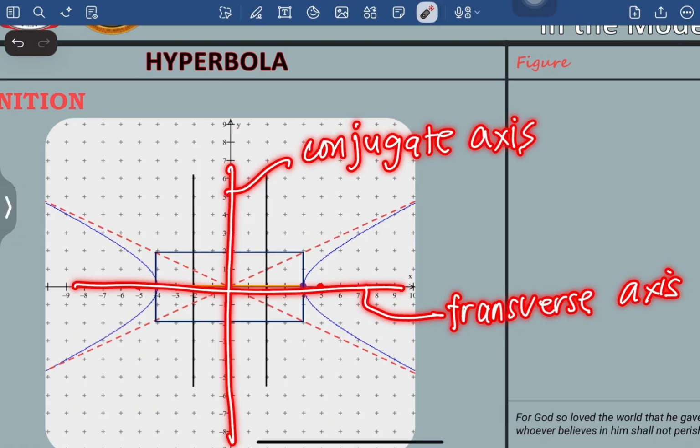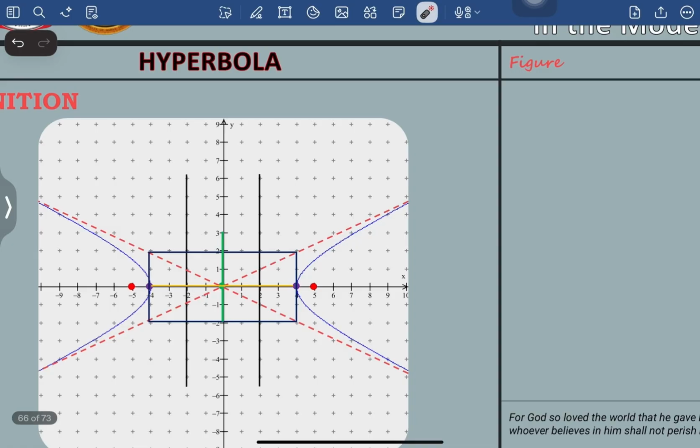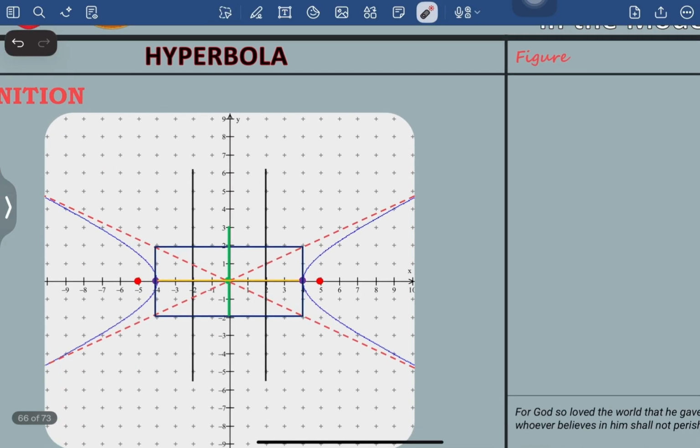For this figure, the transverse axis is parallel to the x-axis. Then, ito naman, yung dinidefine nito is the distance b. This is also distance b. Then, from one of the vertices of the hyperbola, that is the distance a.